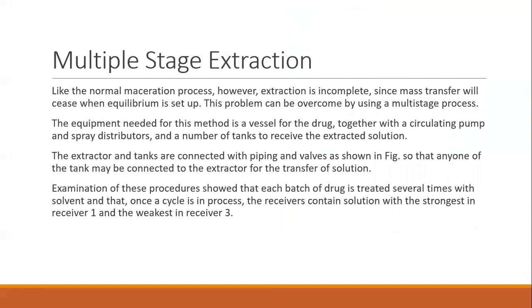Multi-stage extraction, like the normal maceration process; however, extraction is incomplete since mass transfer will cease when equilibrium is set up. This can be overcome by using a multi-stage process.